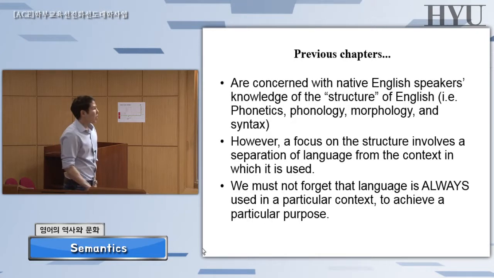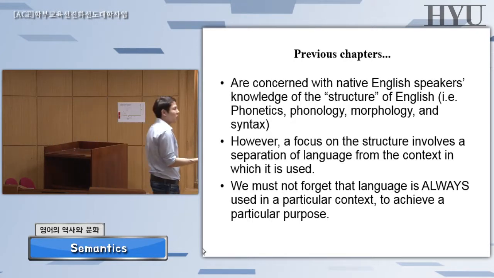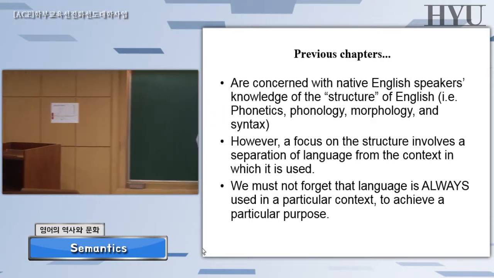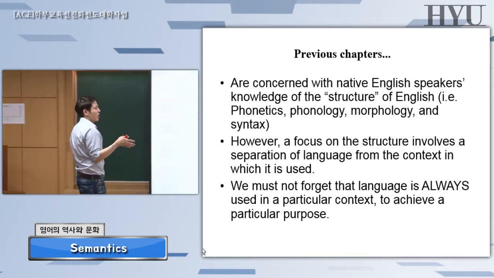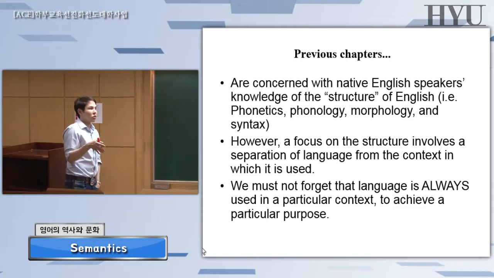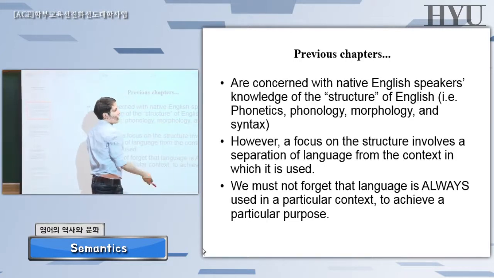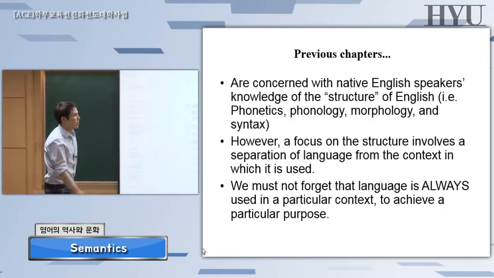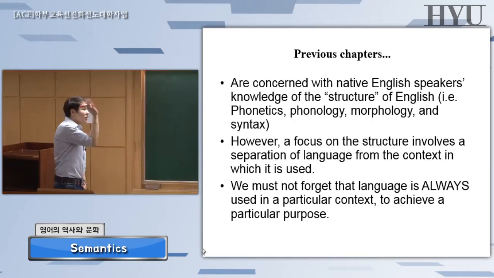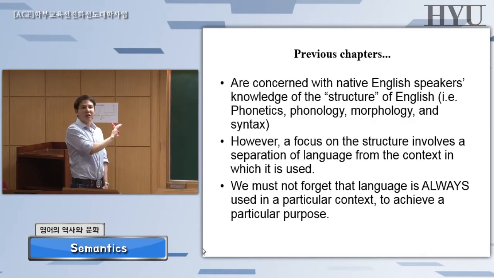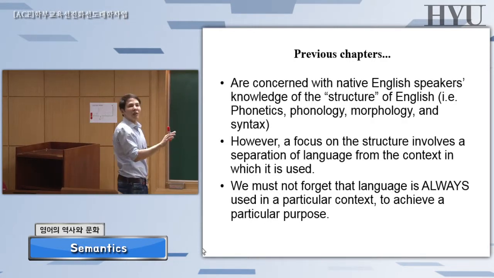And when we talk about syntax, we separate language from the context in which it's used, right? When we analyze sentences like "at what time will you arrive" or "with who did you have lunch," we just take these sentences out of the original context. We don't care about the context.